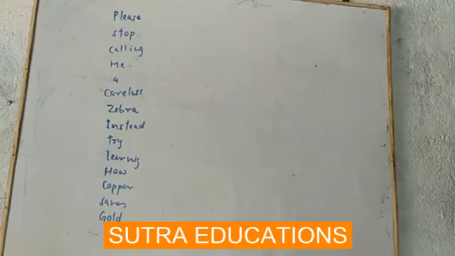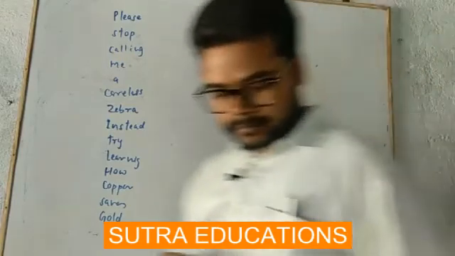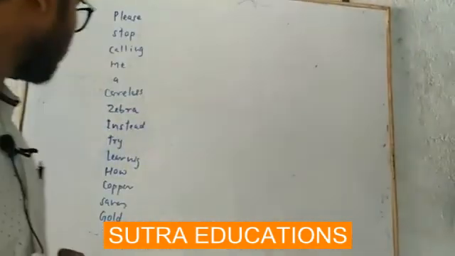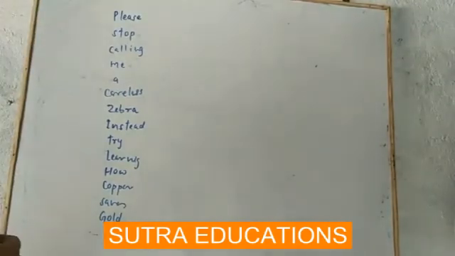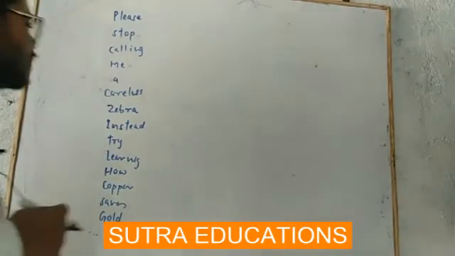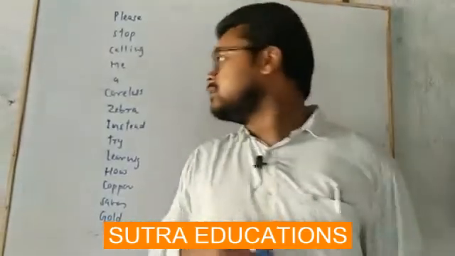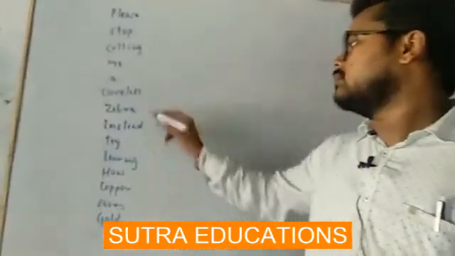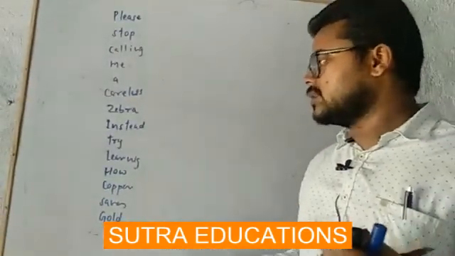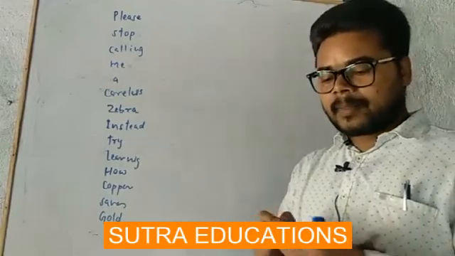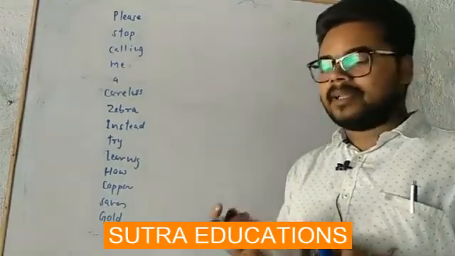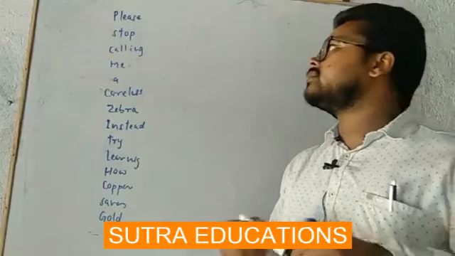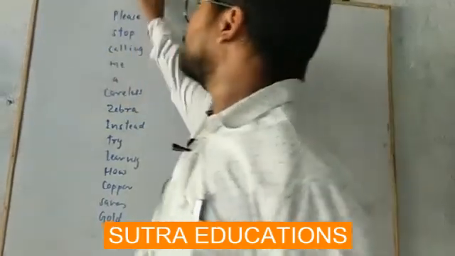Is it clear? Okay. So, please stop calling me a careless zebra. Instead, try learning how copper saves gold. What is this? This is the reactivity series of elements.